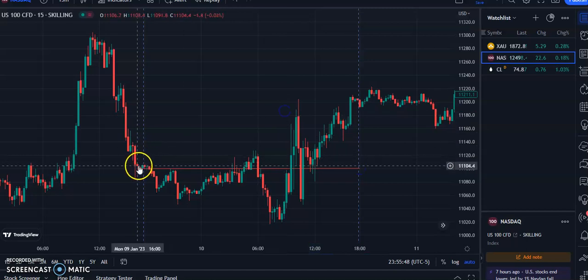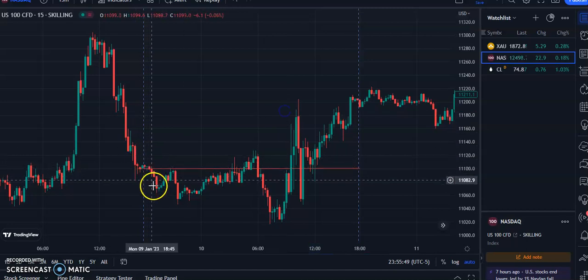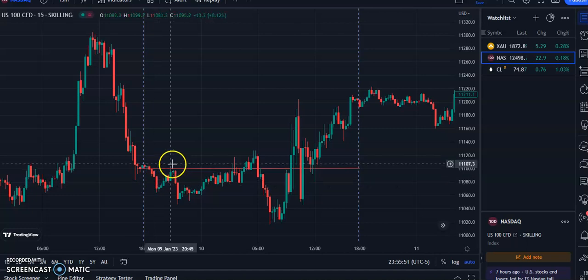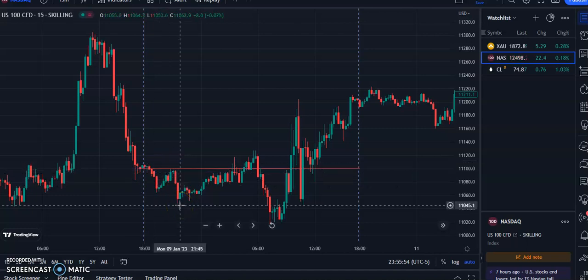So let's take an example of this day. Now, as you can see, the market broke down, all right? Then continued breaking down.